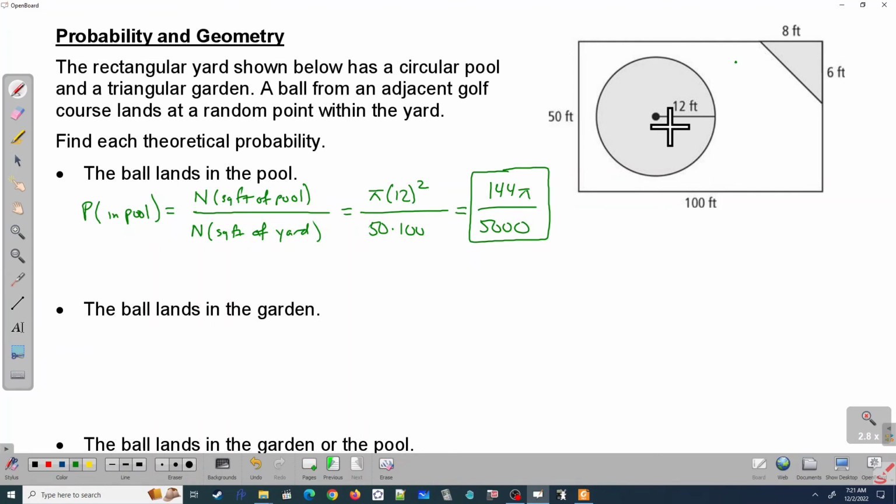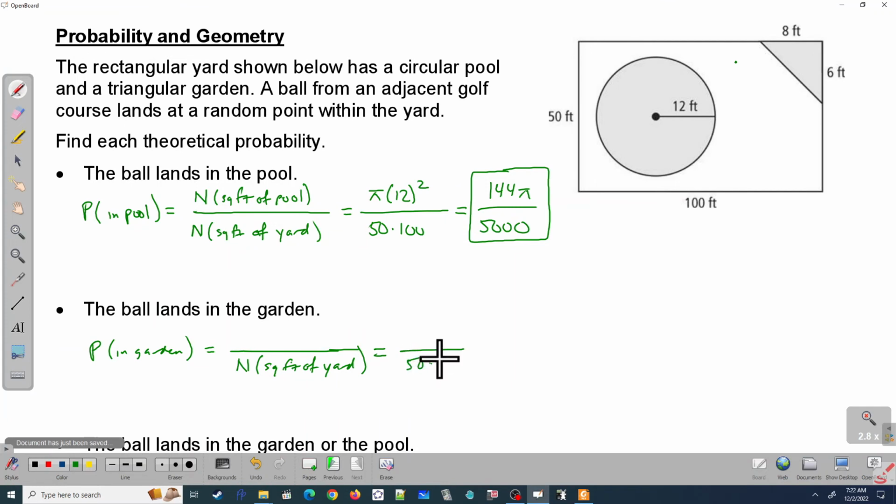So if I'm going to do the ball lands in the garden, actually it's not going to change anything down here. Square feet of yard, and in this case, we already know 50 times 100 is 5,000.